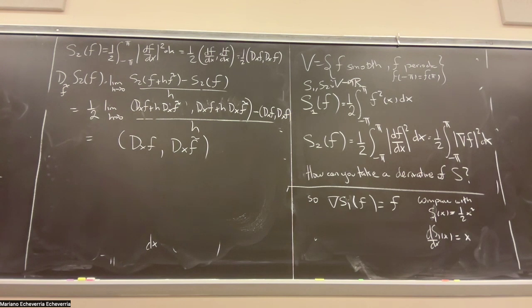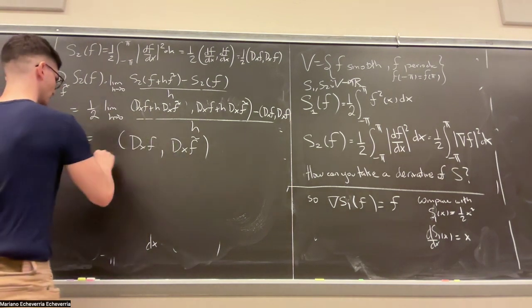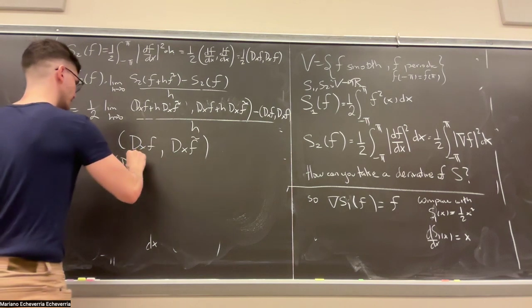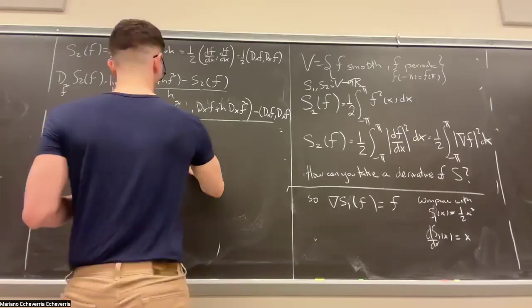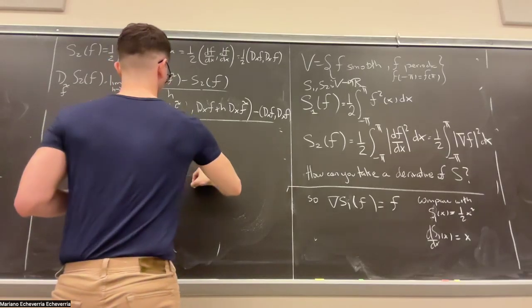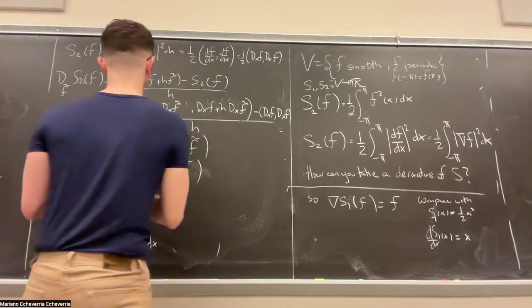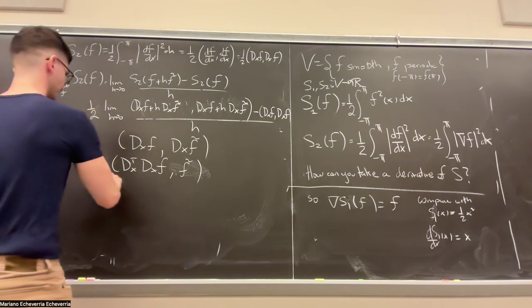Because again, the inner product is symmetric. And then you remember you can move this to the other side as a transpose. Okay. And that's just minus the second derivative.